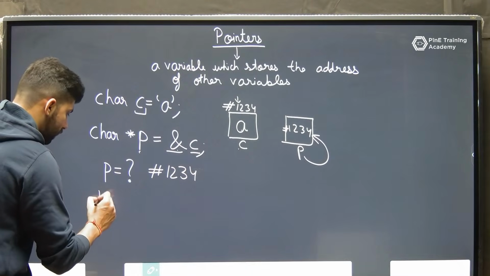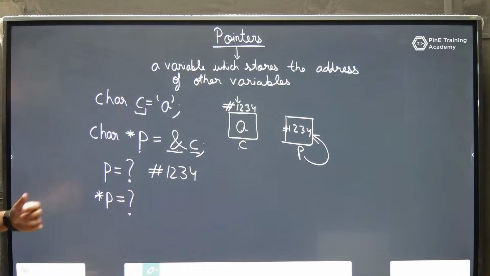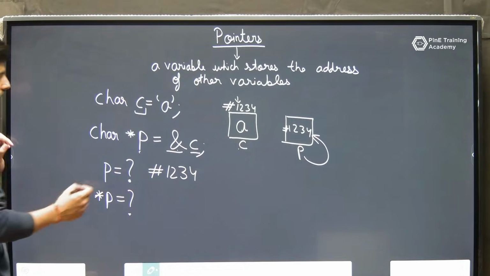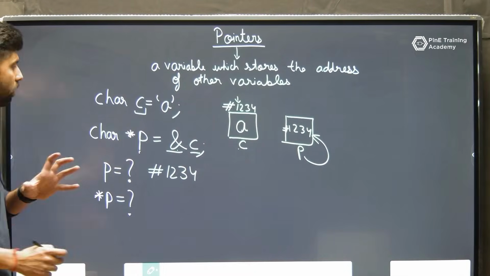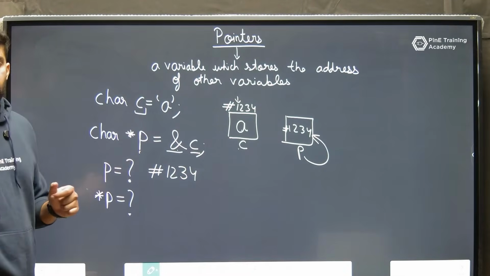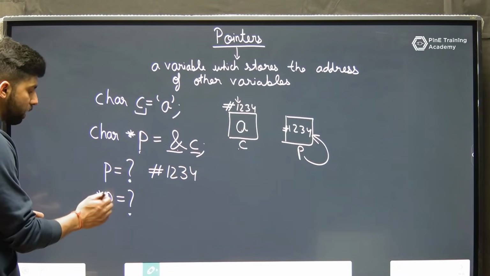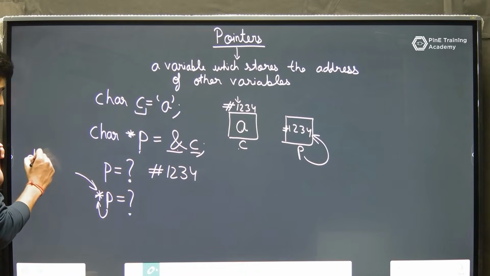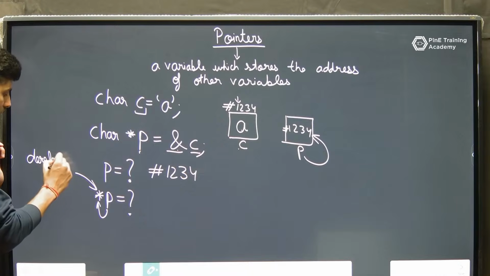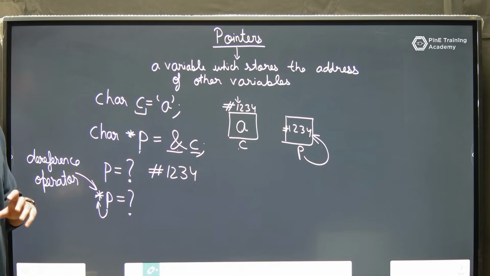But if I print asterisk P, note that when I used asterisk here, it was just to denote that the variable I am making is a pointer variable. But here I am using asterisk with my pointer variable, which means it will act as a dereference operator.